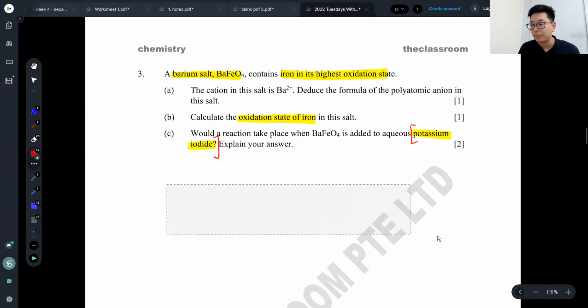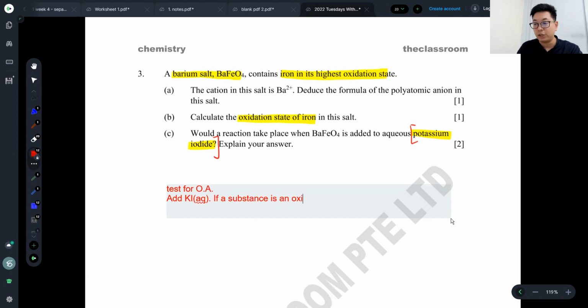Here, KI is a test for an oxidizing agent. If a substance is an oxidizing agent, there will be a color change from colorless to brown.